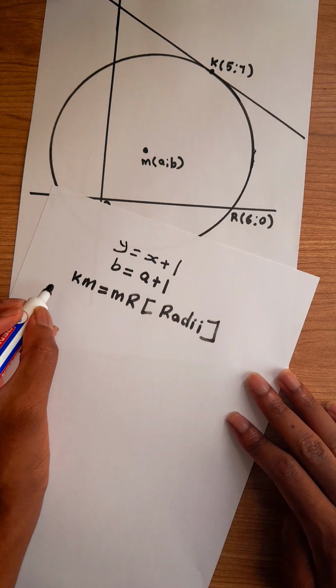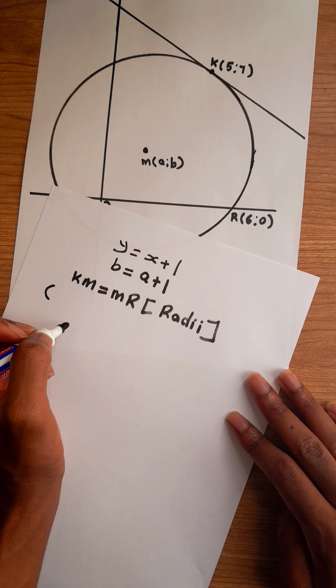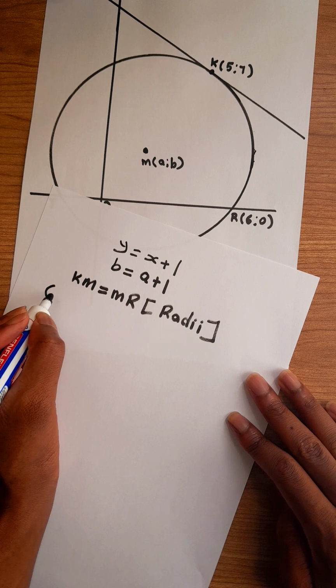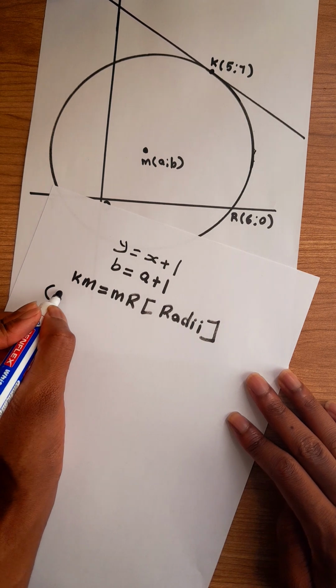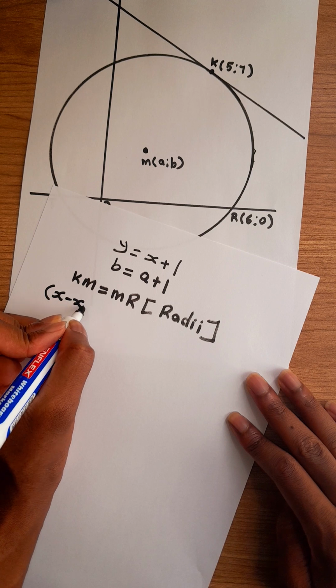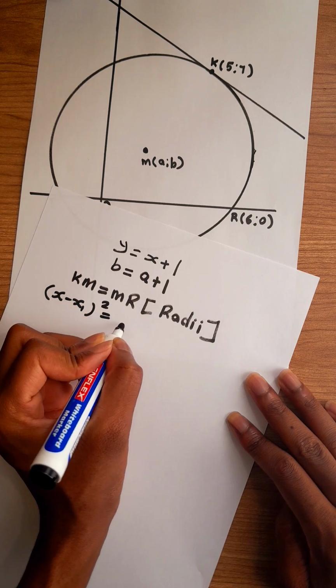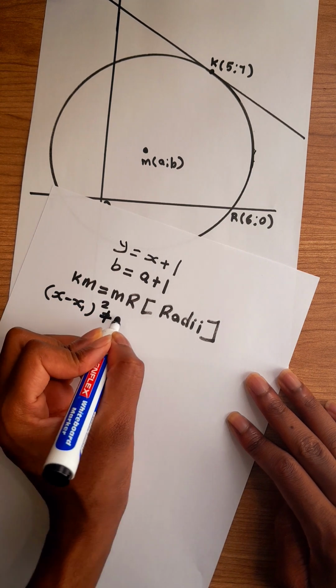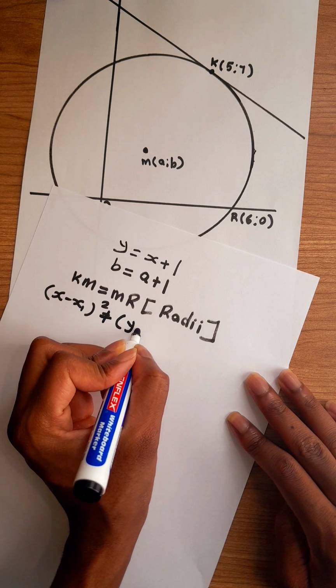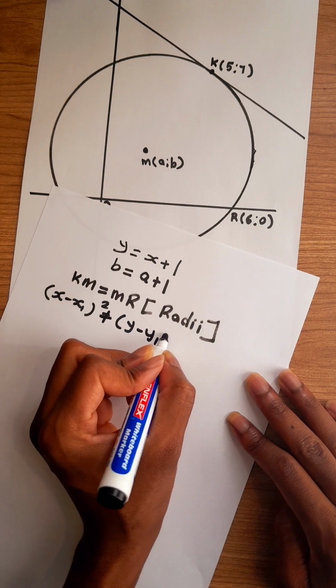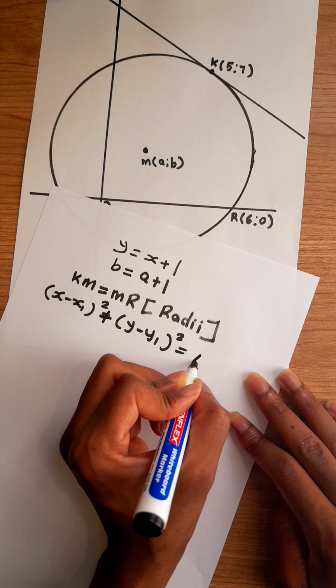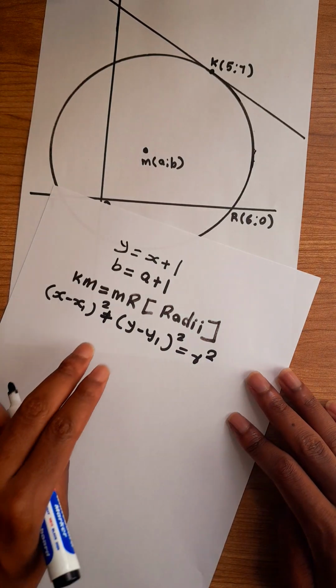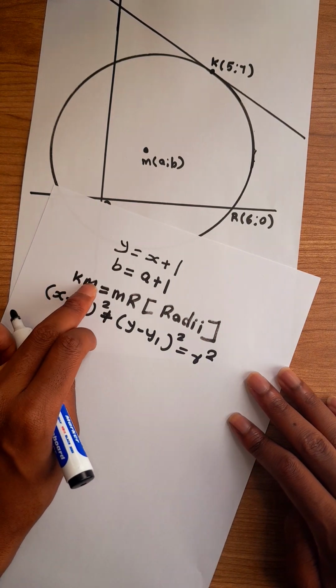Now let's look at this. We know that the equation of the circle is going to be x minus x1 squared plus y minus y1 squared, and this equals r squared. Now let's look at KM.